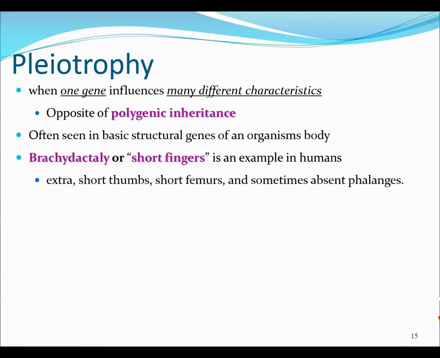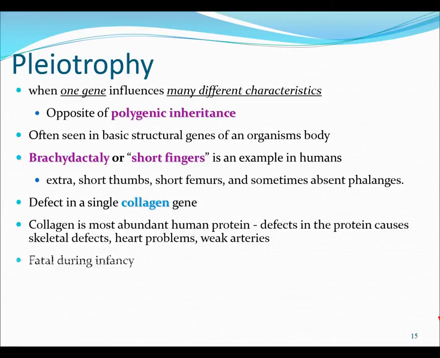But it could also affect other issues with the skeleton, heart problems. So again, we're talking about one gene affecting many different characteristics. Weak arteries, okay? All because there is a single defect in the collagen gene.